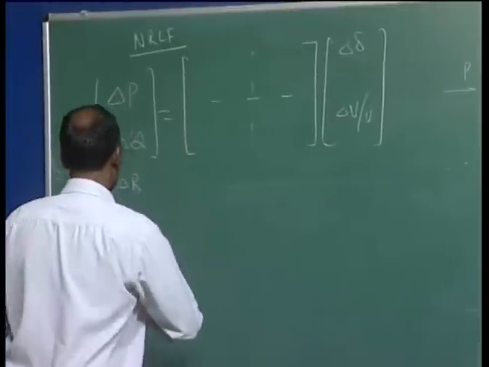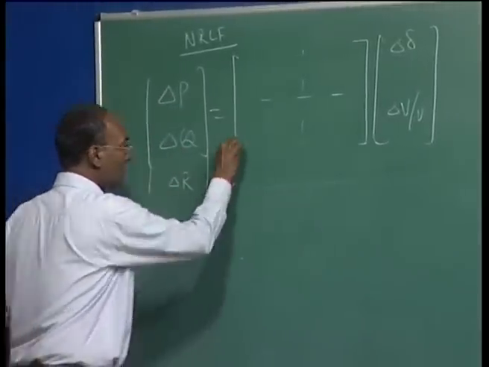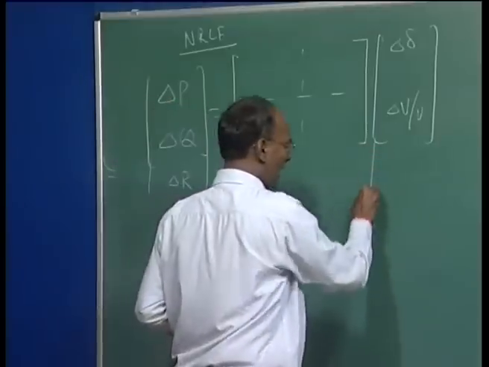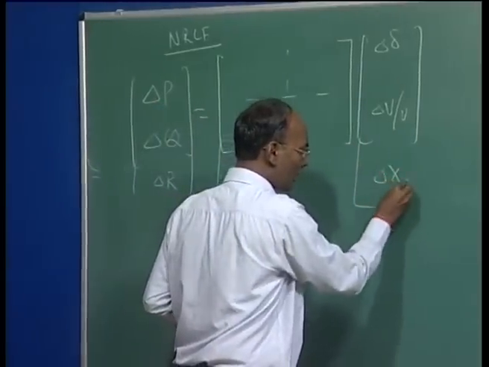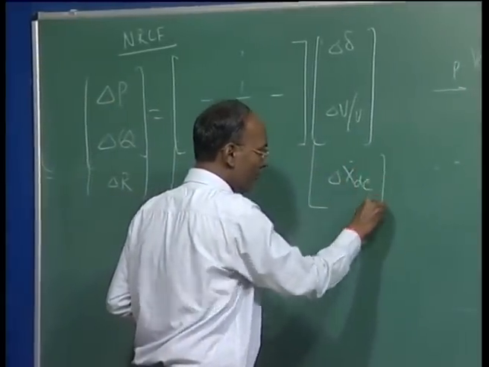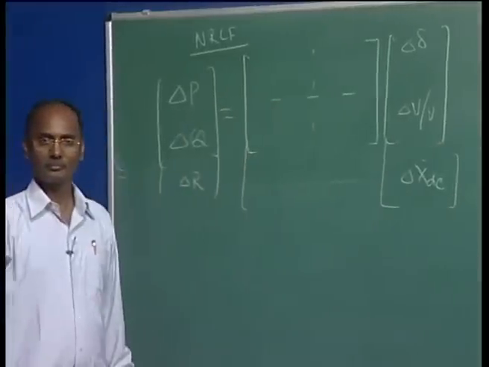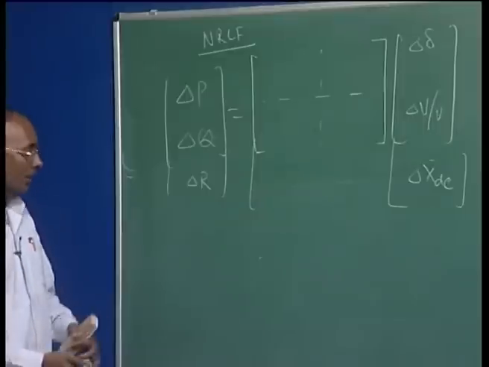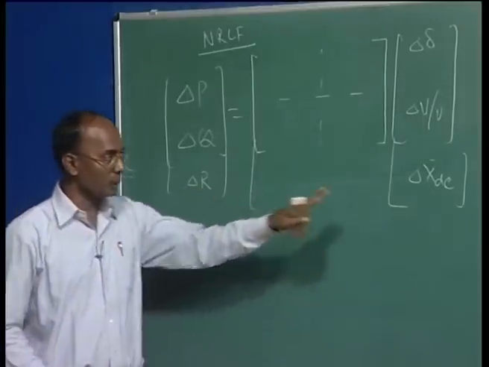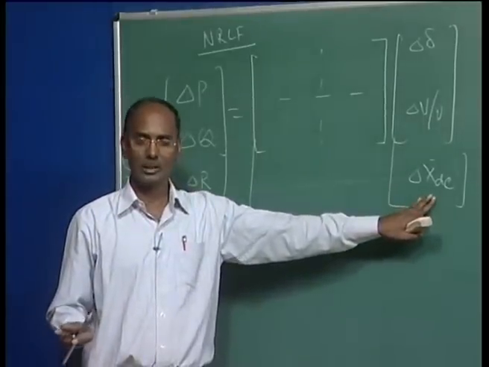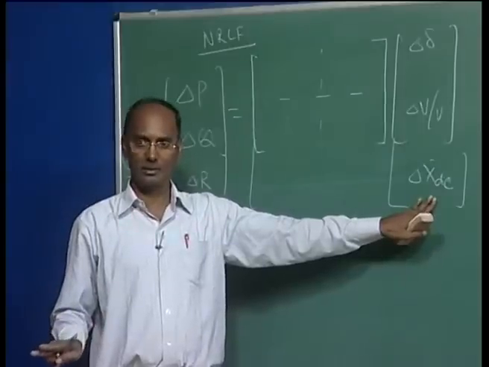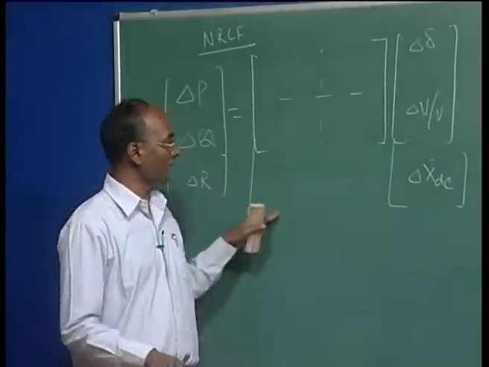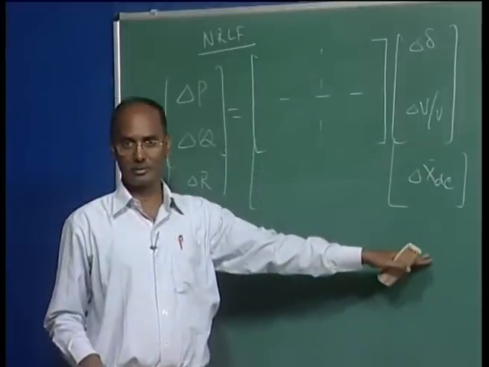Now, with this we are going to have some extra elements here, corresponding to here your x dc. Because we are going to solve the 3 unknowns and the 4 will be specified. So, now again this matrix is going to be a square matrix.